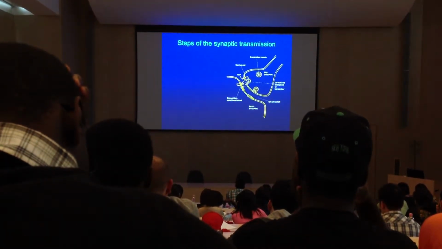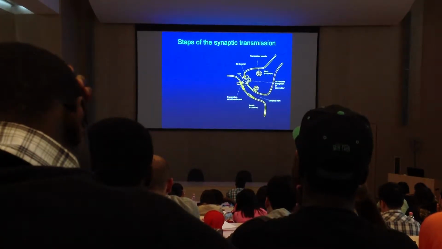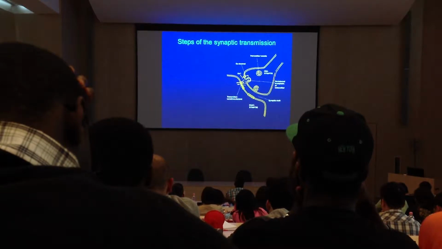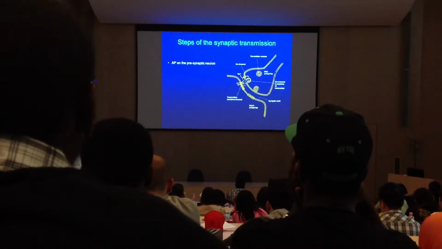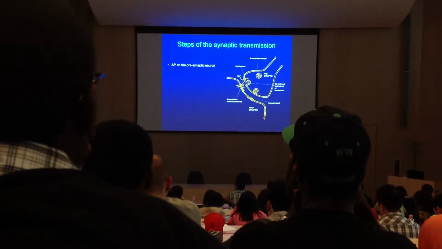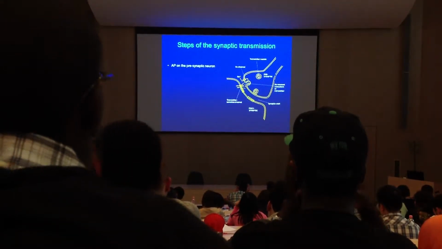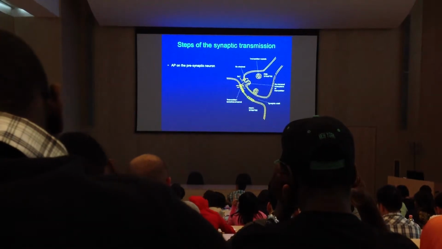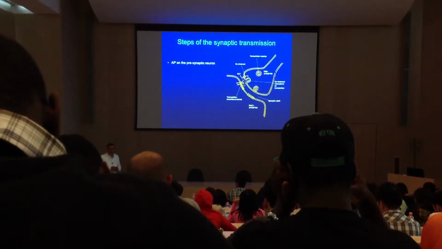So, what are the steps that take place during the transmission of information in a chemical synapse? Obviously, an action potential comes along the neuron and reaches this end, which sometimes is referred to as a button, if you heard this expression.